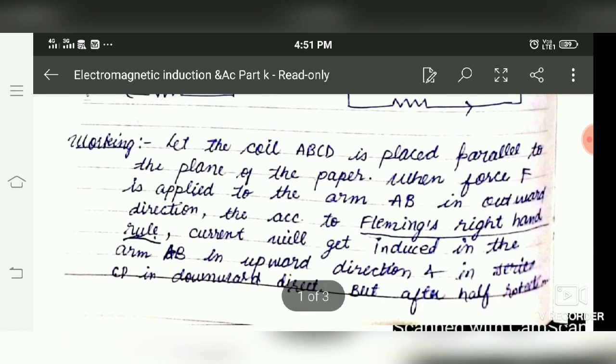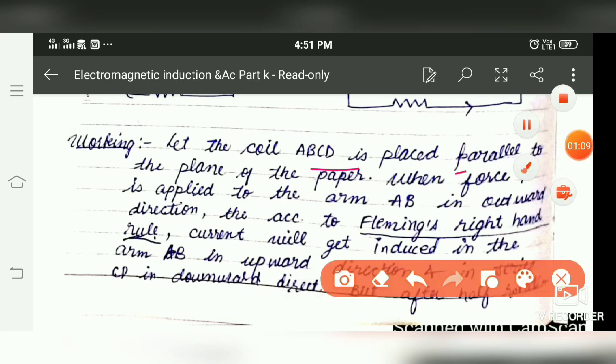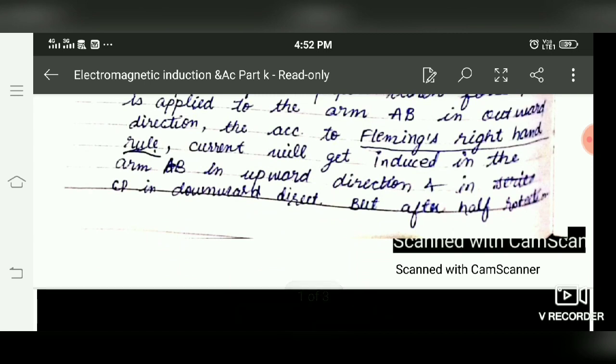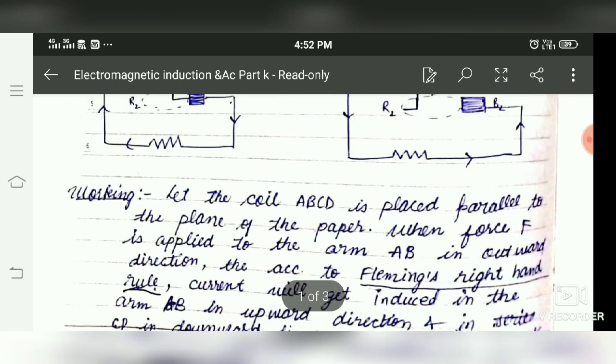Now first of all, working. Let us consider the coil ABCD is placed parallel to the plane of paper. When force is applied to the arm AB in outward direction, according to Fleming's right hand rule, current will be induced in the arm in upward direction, and in CD it's directed downward.